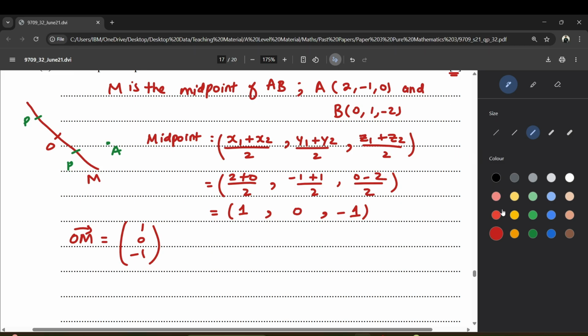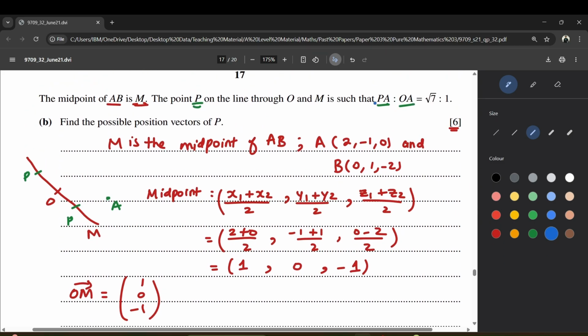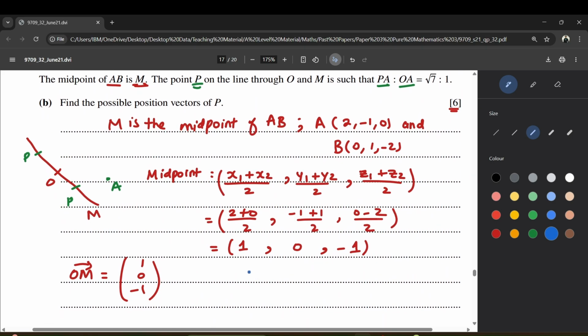Now if we try to work out this ratio, PA ratio OA, we need to find the possible position vectors of P. So basically we need to find OP. Somehow we need to use these vectors. This is equal to root 7 ratio 1.